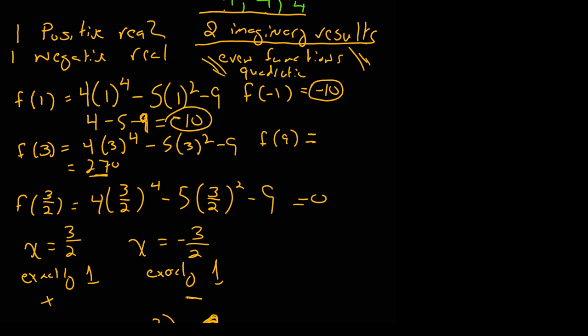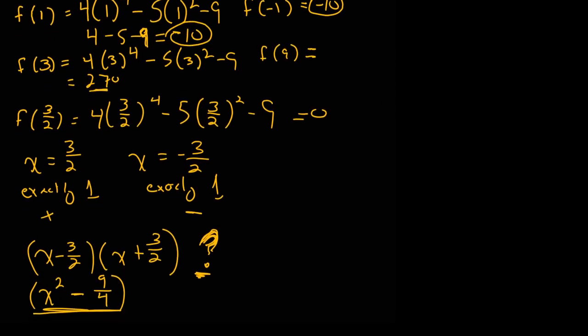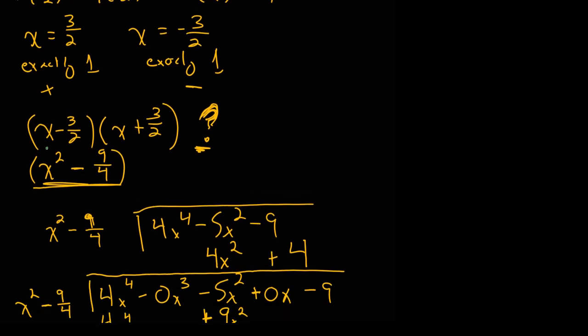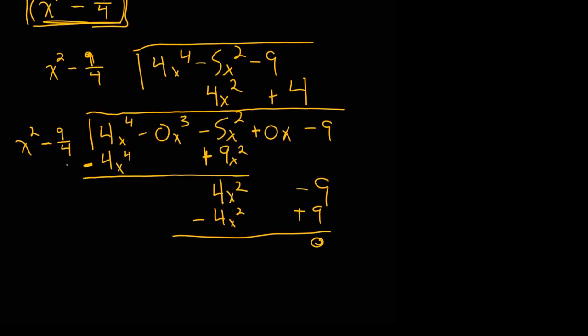But I still don't know the imaginary solutions. So I multiplied these back together to get the quadratic factor they represented, x squared minus 9/4. And I divide that quadratic factor into the initial polynomial.